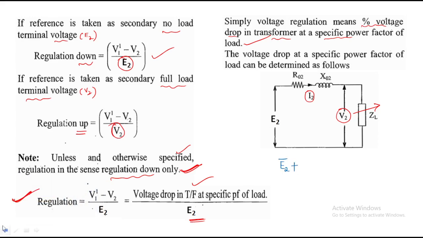From this we get the voltage balance equation: E2 equals I2 R02 plus j I2 X02 plus V2, where V2 is taken as the reference. From this, the voltage drop E2 minus V2 equals I2 R02 plus j I2 X02.